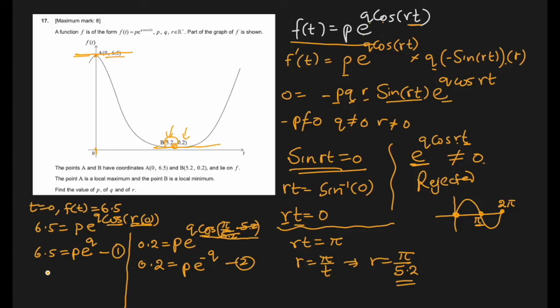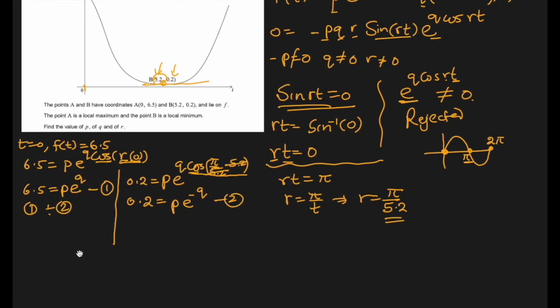And now we can divide equation number 1 by equation number 2 to get rid of P, because P is in both. If we divide, it cancels out.